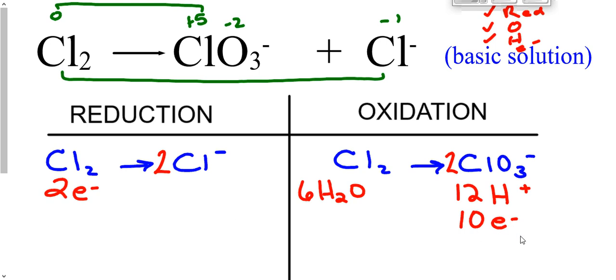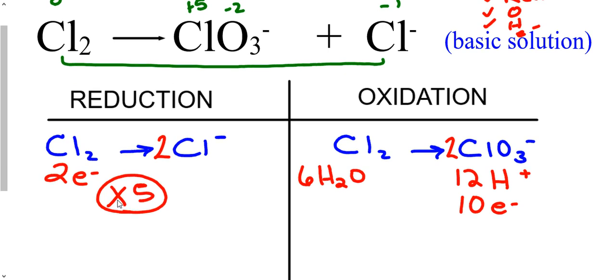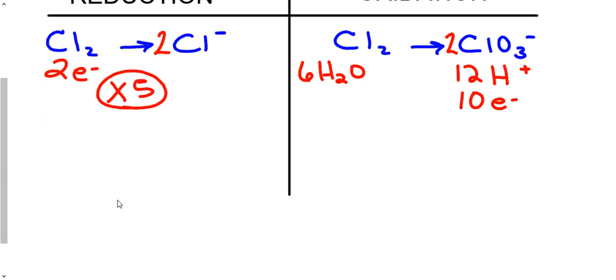My oxidation is showing electrons going out. They're on opposite sides of the arrow, so that's my first check. But clearly 2 and 10 are not the same number. Now I can make these both into 10 electrons by multiplying everything on the reduction side by 5 before I rewrite it. So we're going to do that, and we're going to write these again horizontally so that we can cancel everything out.